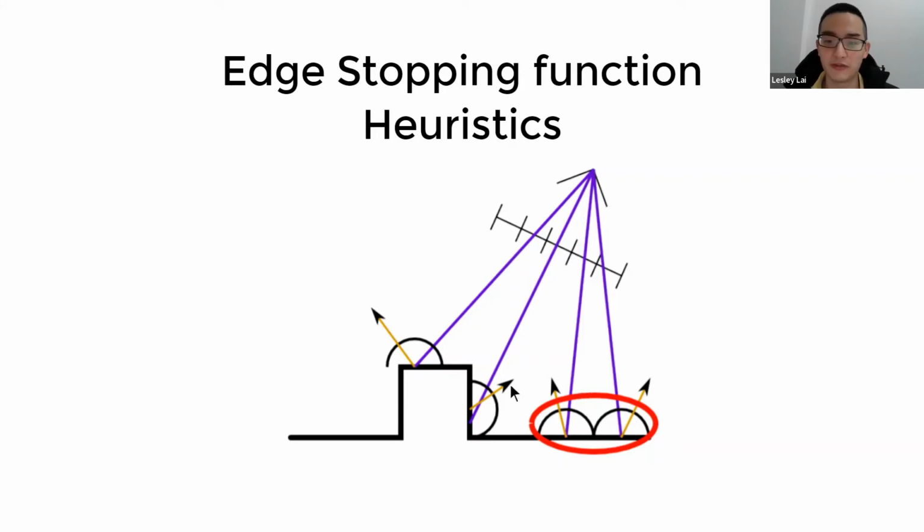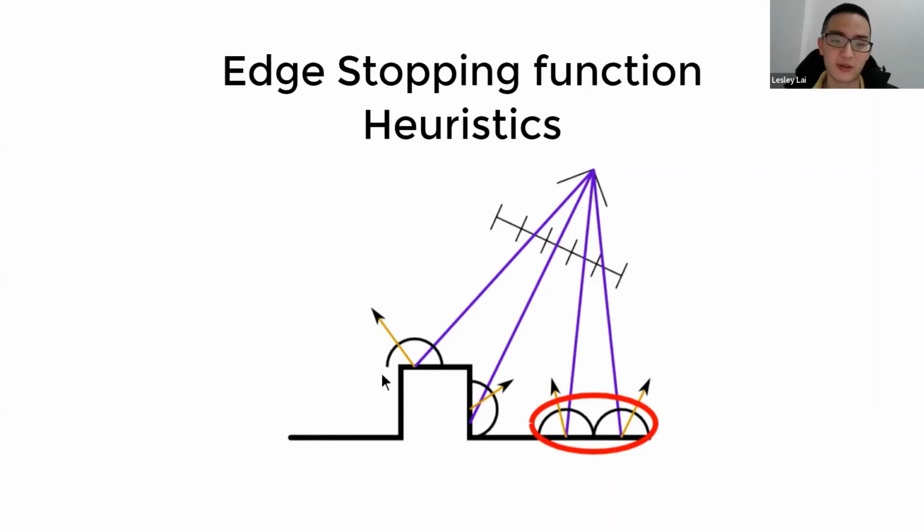However, if there are normal differences, for example, in here, those two places are very close, but the normals are discontinuous, which means we have an edge, and we can't blur this edge. Similarly, if we have a point here and a point here, in screen space they are probably really close. However, as we can see, they are actually far apart.